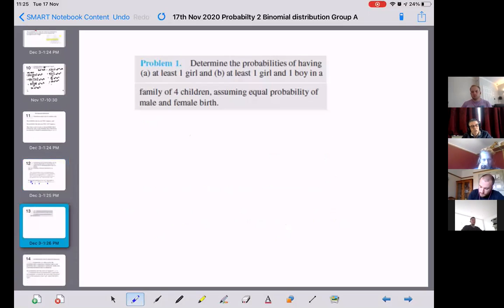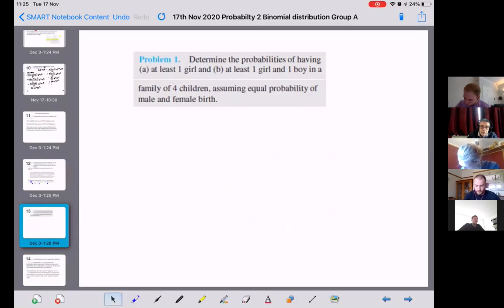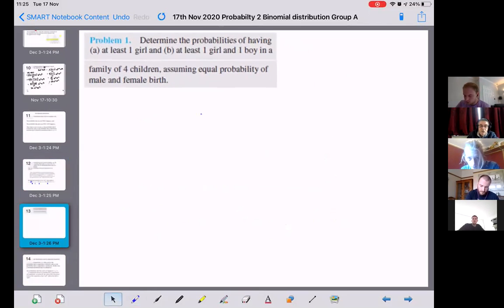We'll have a look at an example that might better help to show how that works. Determine the probabilities of having A, at least 1 girl, and B, at least 1 girl and 1 boy in a family of 4 children, assuming equal probability of male and female birth.